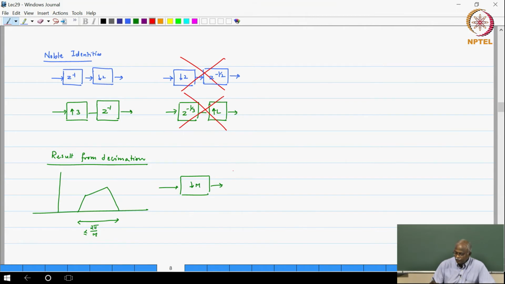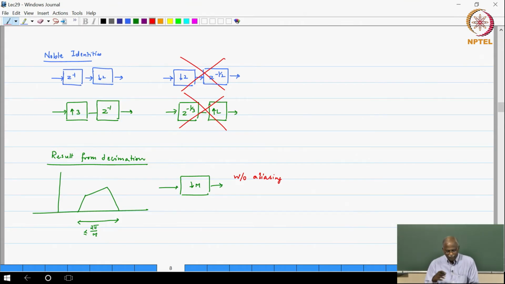Important result, because what will happen is you will get production of m minus 1 copies, separated by 2 pi over m, and because the bandwidth is less than 2 pi over m, these images will not overlap with each other.